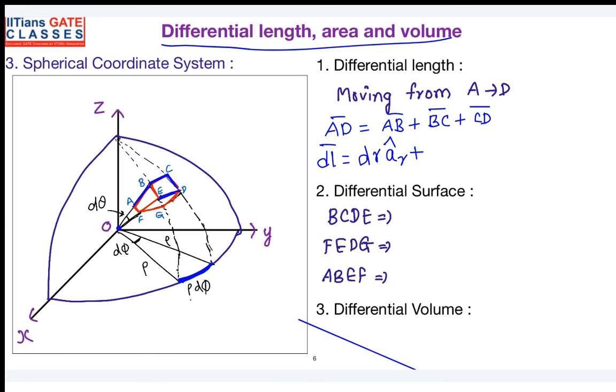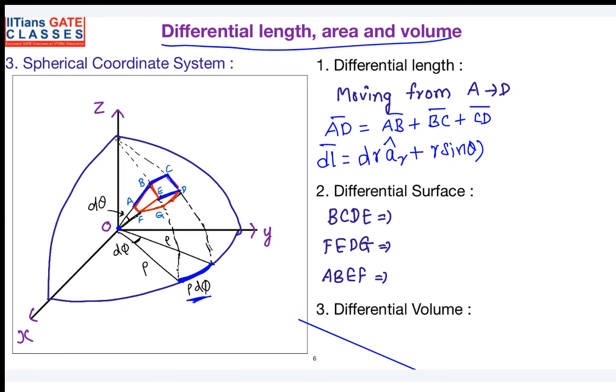R sin theta. Yeah. So the variation from B to C will be rho d phi, and instead of rho, I will say r sin theta. So rho is equal to r sin theta, and there is a change of phi, into a_phi cap.